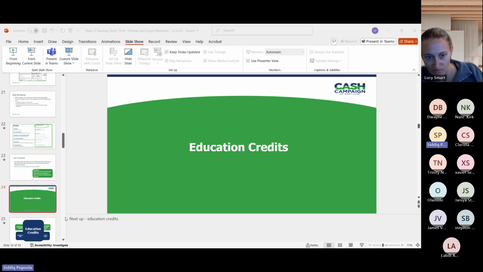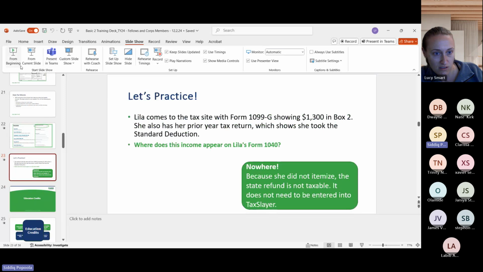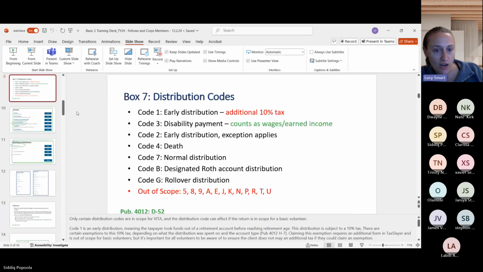Not seeing it. I don't know why it's doing that. Okay, try from beginning up at the top left. Is it full screen for you? Yeah, it's full screen for me, but is it not full screen for you? It's not. I think it's because you're only sharing this window rather than the whole screen.